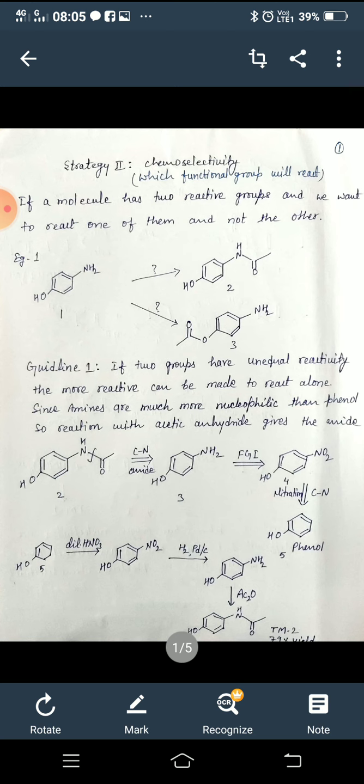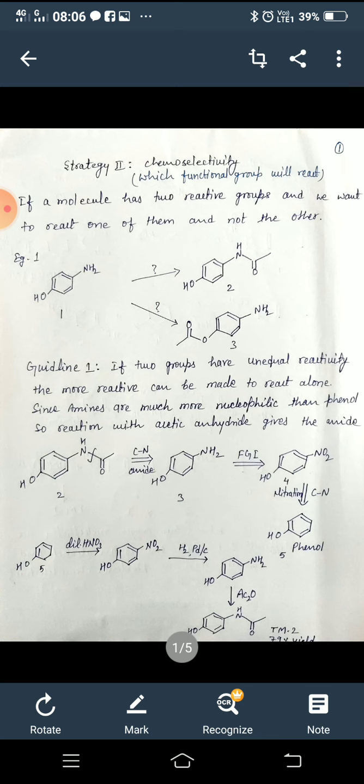Today we will discuss this chemoselectivity. If there is a benzene ring with two functional groups attached, then which of these two groups will react?